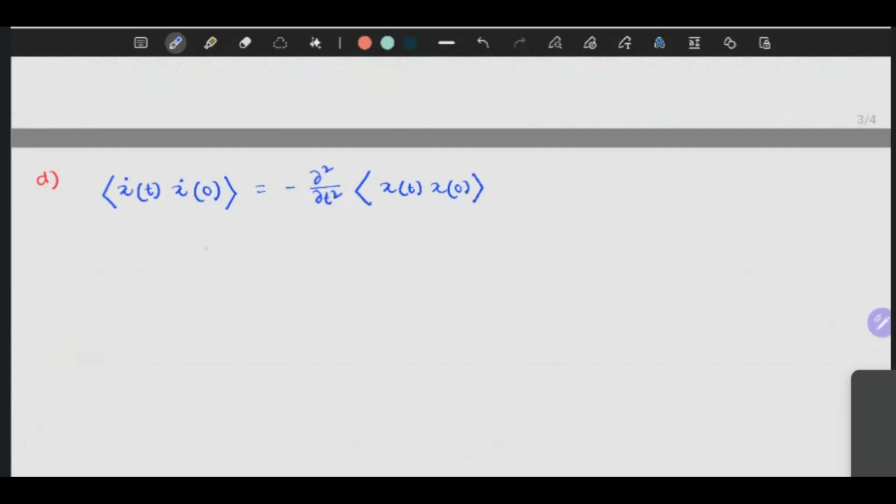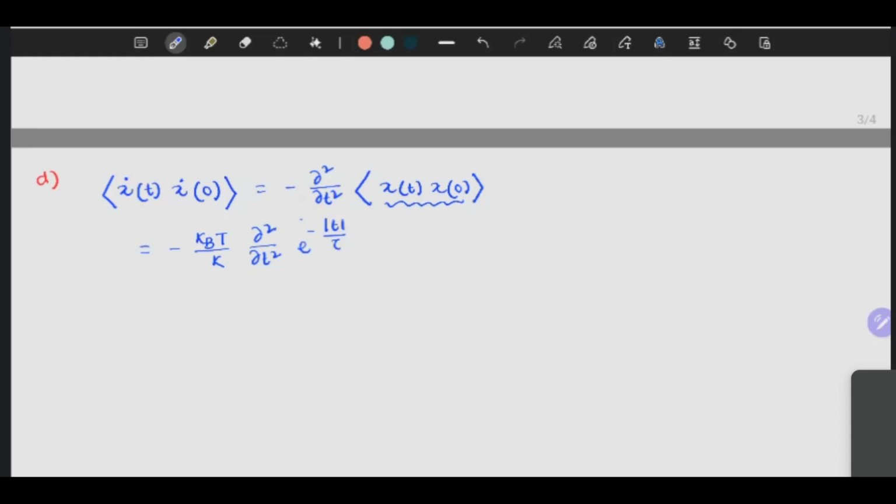Okay, then if you remember there was this relation. What was this relation? This relation was e to the power minus mod t of tau, so then it will be minus kbT by kappa, sorry, del 2 of e to the power minus mod of t by tau.